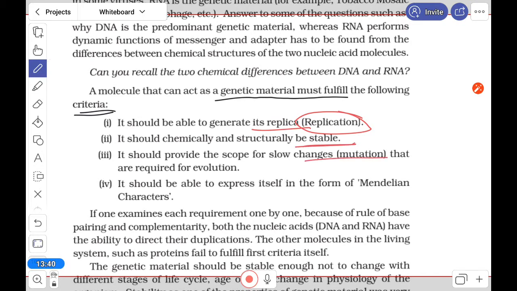It can show mutation, which is required for evolution. All these characteristics should be there. DNA and RNA, you know, both act as genetic material, but DNA is the genetic material for most organisms.